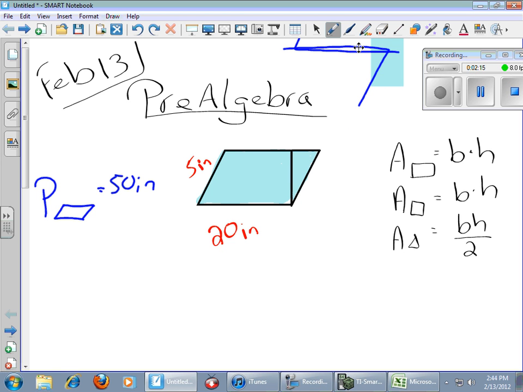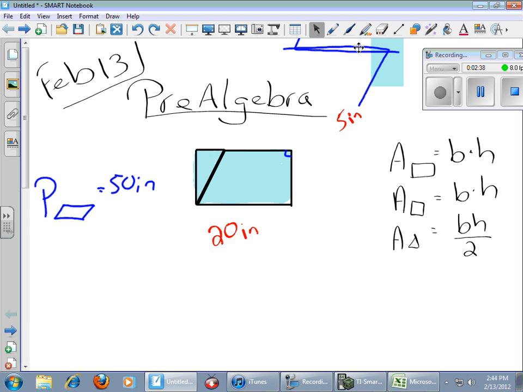Notice there's a right angle right here. And if I take this piece off, I just cut it away, and I put it on the other side. Now, I've got to move that 5 because that 5 is dangerous. Okay. And I put it there. What did I just make?